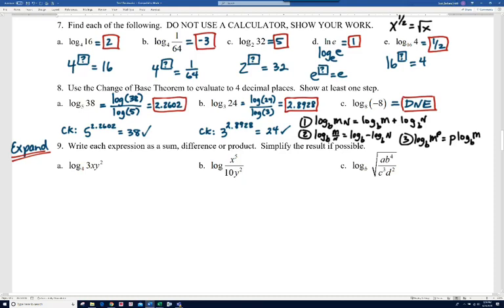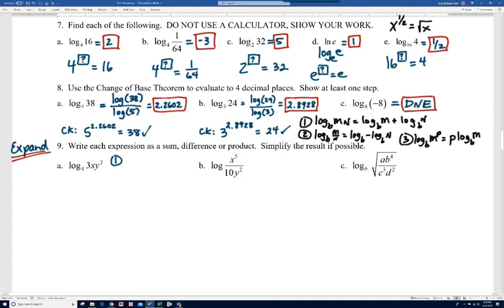So if you look at A, you can see that we have 3 times x times y squared. We have a product here, and we also have a power. If you look at rule 3, it's a single base to a power. M is your base. That's not what we have in this problem. The 3x is kind of in the way. So I can't use the power rule yet, but I can use the product rule. That's rule 1.